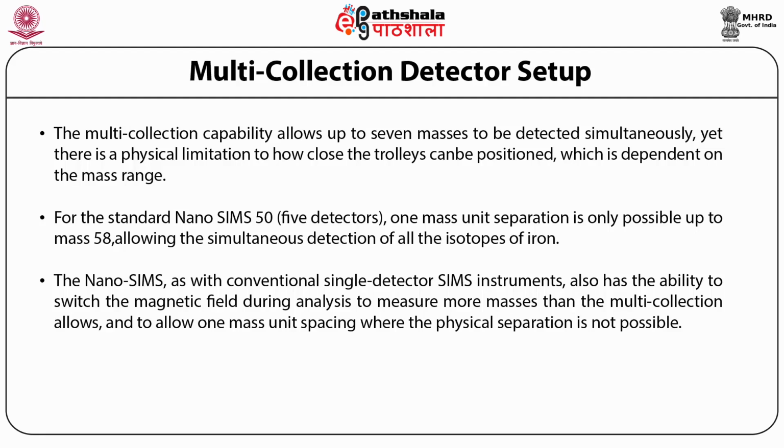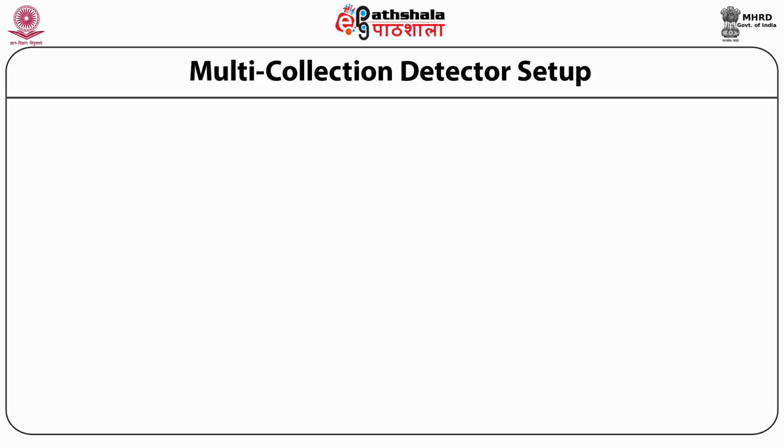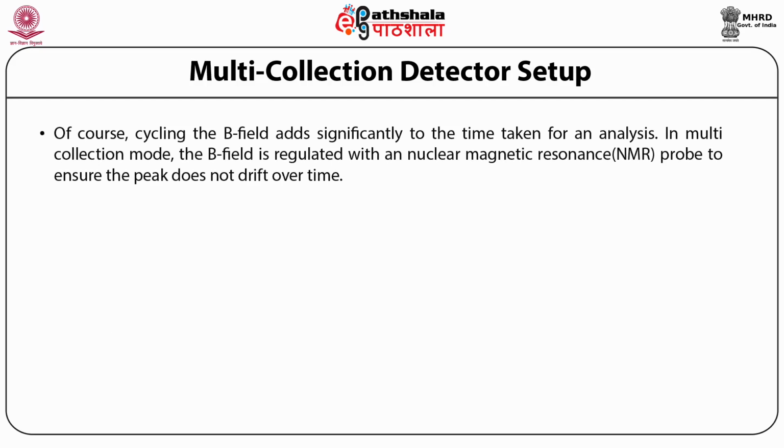Multi-collection allows one mass unit spacing where physical separation is not possible. It is also possible to combine the multi-collection capability with magnetic field switching, to cycle between 2 B field settings while using more than one detector. Of course, cycling the B field adds significantly to the time taken for an analysis.